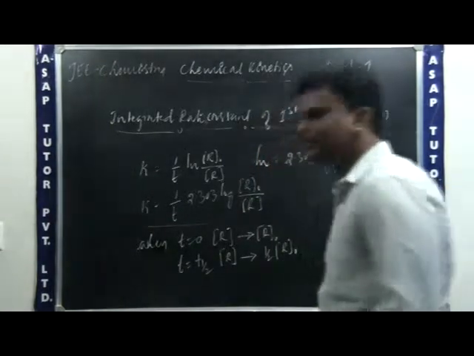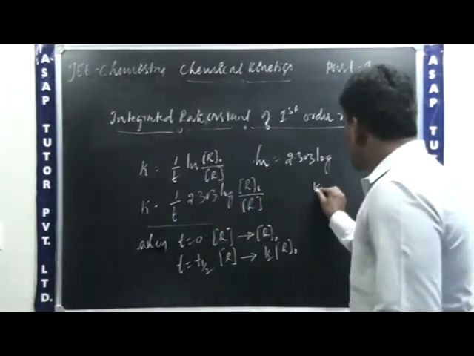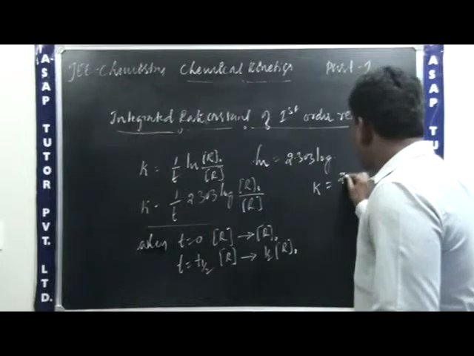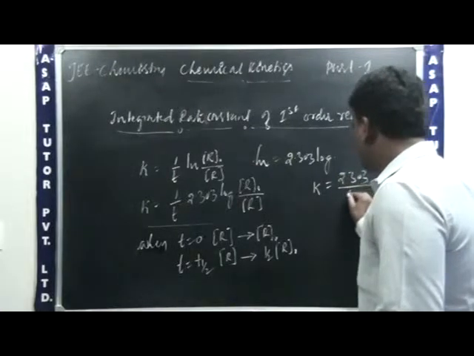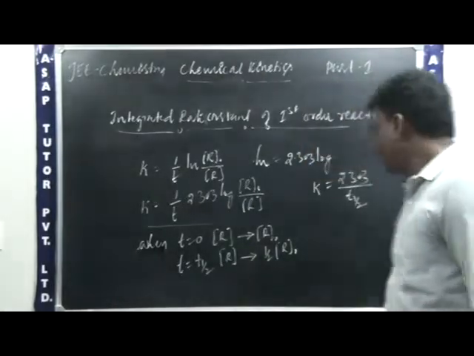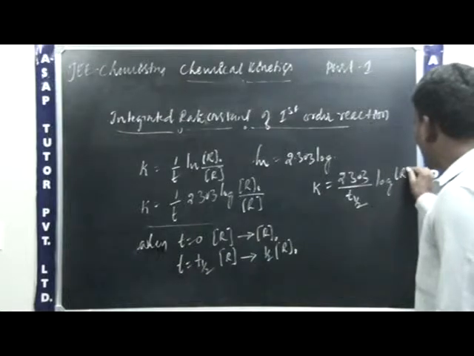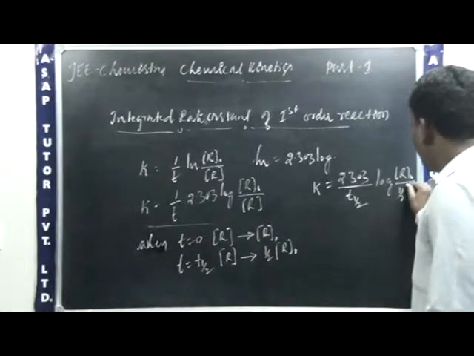Now if I substitute the values into the rate equation, K is equal to 2.303 divided by t-half, because I am deriving the formula for t-half, into log of R naught divided by 1 by 2 into R naught.